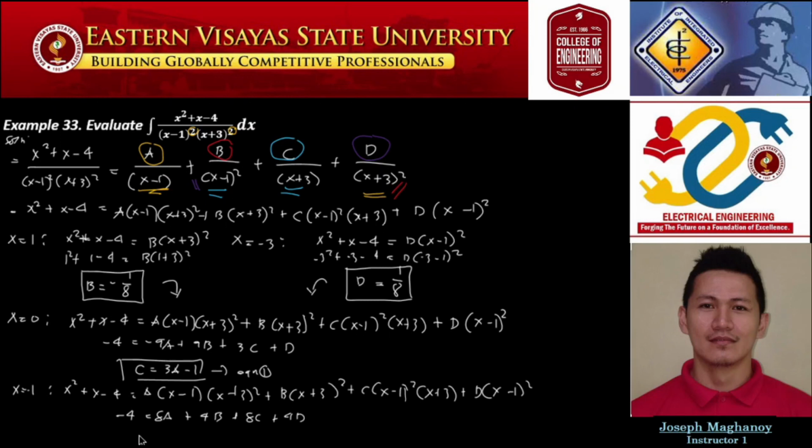So we can say that our equation 2 is equal to 1 is equal to 2a minus 2c. Since you have a value of your b and d, so a and c is the remaining. So we can say that this is our equation 2. You have a c, you can substitute it to your equation 2.